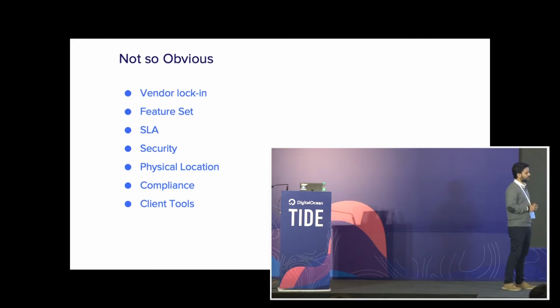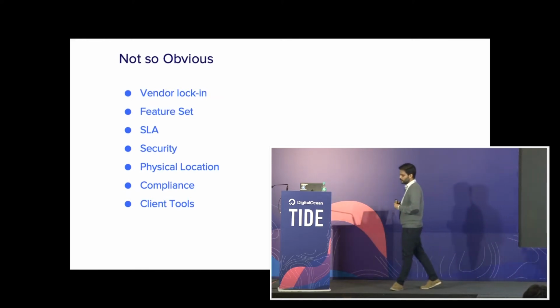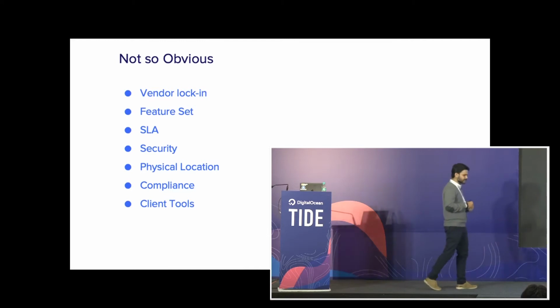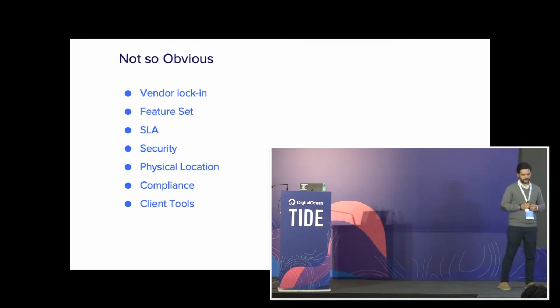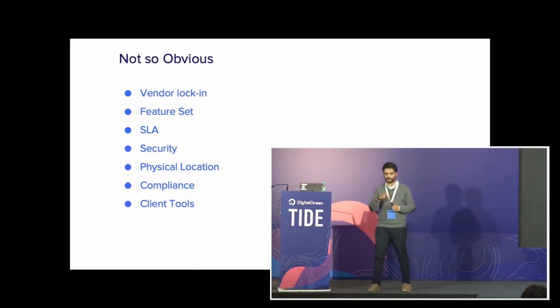Don't forget that you still have certain things that you have to watch out for. These are things like vendor lock-in and feature set availability. This is something that I get asked a lot: I want this kind of feature, which managed database gives me that particular option? So do your due diligence or research. Look at SLAs.